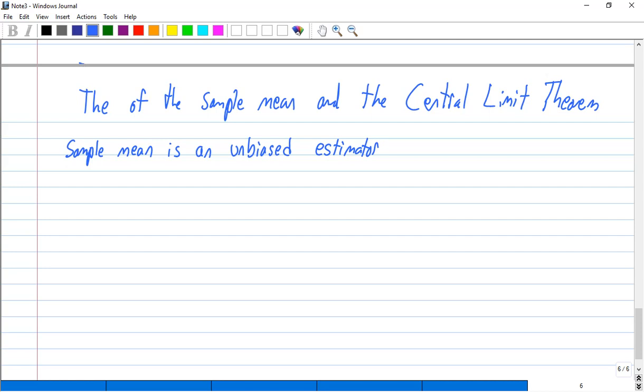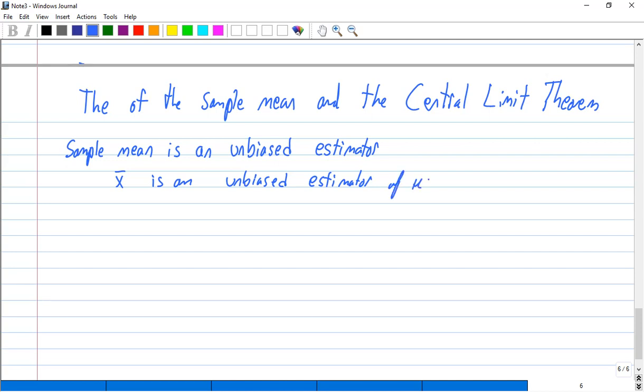Your book says if the average value of an estimator equals the population parameter being estimated, the estimator is said to be unbiased. So the sample mean is one of those unbiased estimators. And I've already told you the sample mean is x bar. So I could say x bar is an unbiased estimator of mu.